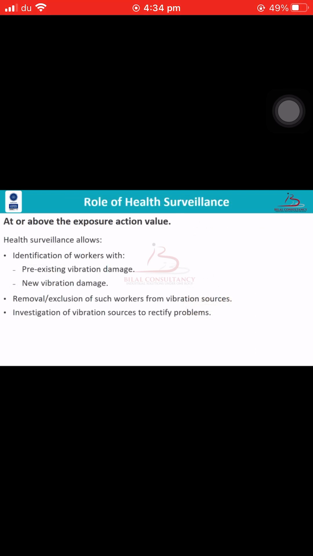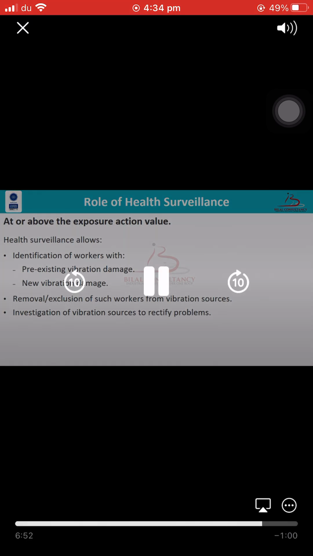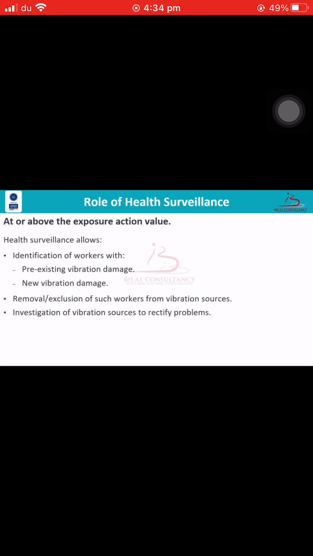So what is the role of health surveillance? Health surveillance allows identification of workers with pre-existing vibration damage and new vibration damage. As in the previous element on noise, if I own a company and hire 100 employees and do health surveillance of those 100 employees, and the results show that 50 employees have pre-existing vibration damage and 50 employees have new vibration damage, it means I have to give importance to the employees with new vibration damage.